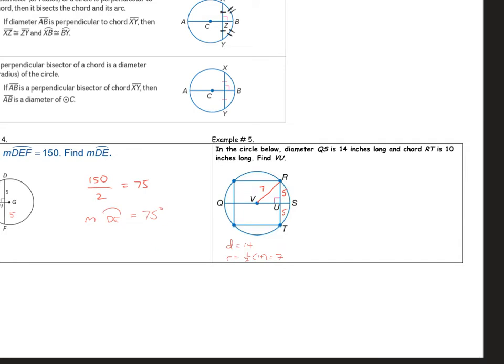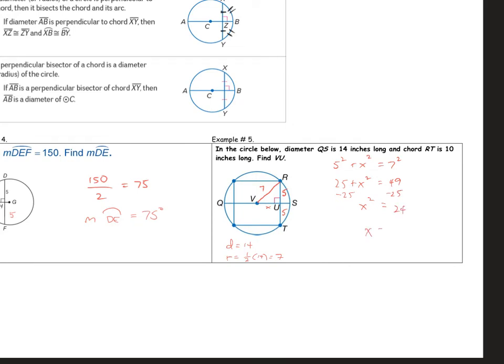So now I've got a simple Pythagorean theorem problem. I need to find the length of VU, which I'm going to call x. So 5 squared, 5 is a leg, x is a leg, and that equals 7 squared, which is my hypotenuse in that right triangle. So 25 plus x squared is equal to 49. When I subtract the 25 from both sides, x squared is equal to 49 minus 25, which is 24.